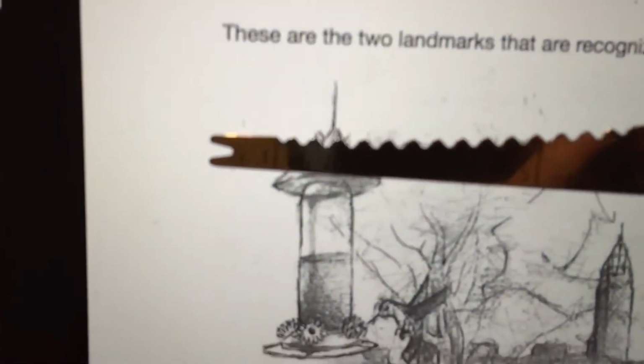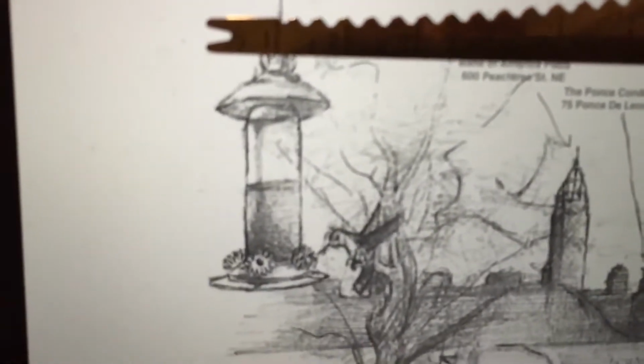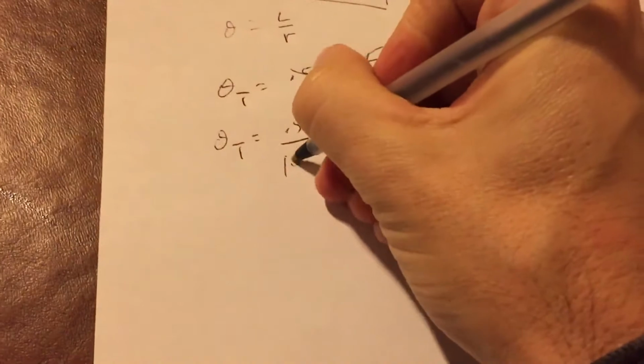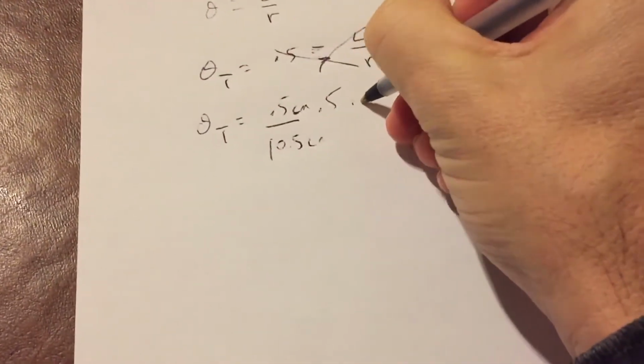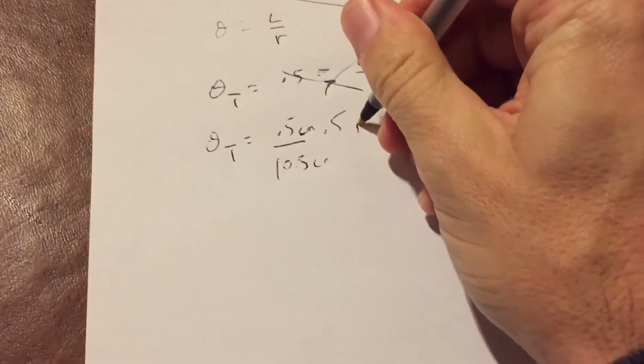Okay, so now that's 0.5 centimeters. So now I need the total width of the picture. If I assume it starts about right there, and then I can stop at the 6 and do it again, I got 10.5 centimeters. So this is 10.5 centimeters. Centimeters, radians. This pen sucks.